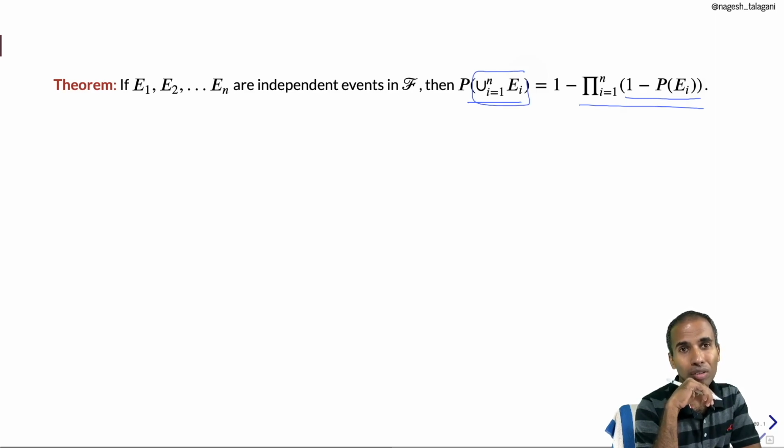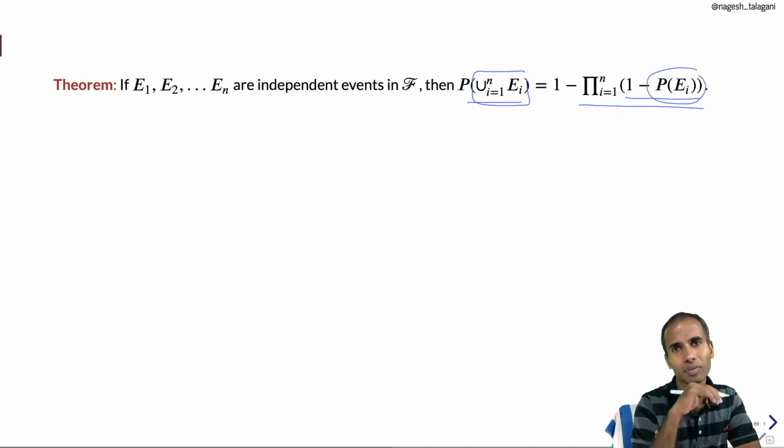We know how bad the formula was. It's so big and we need to know a lot of information. That means we should know the probabilities of all possible intersections of the events to be able to use that tool, right? But here all you need to know is the probability of each event, and that's all. Then you can compute the probability of the union.